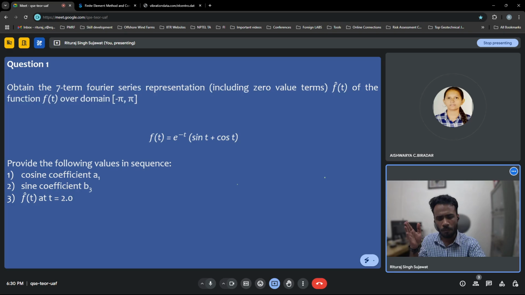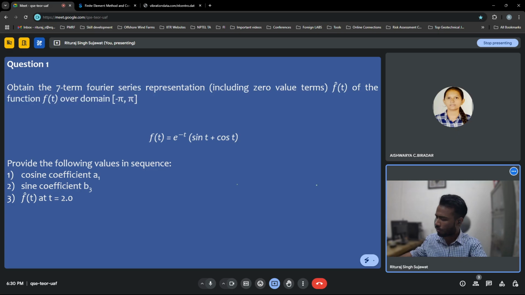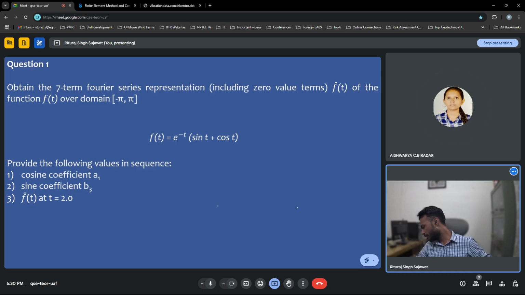Can you show your solution if possible? Because I just need to check the Gram-Schmidt orthogonalization, what is the particular formulation related to that.